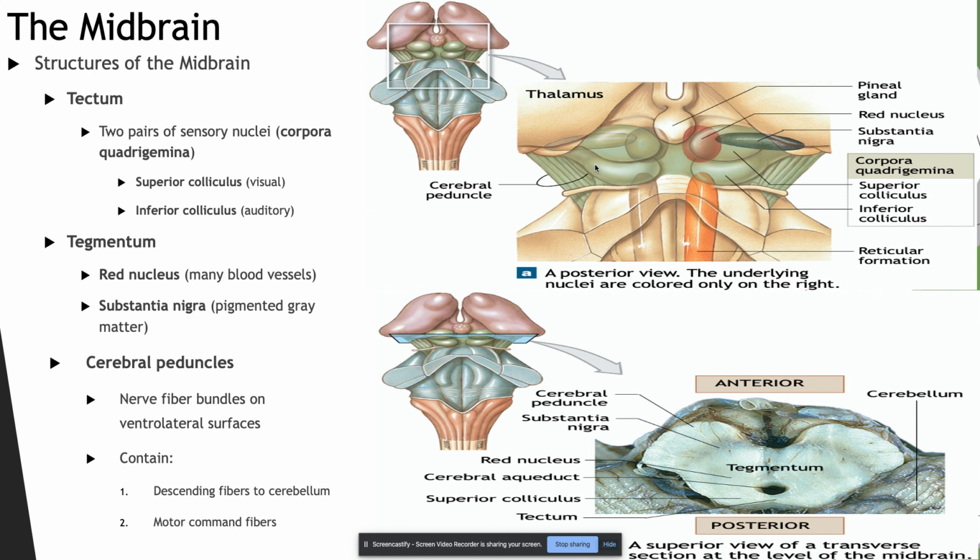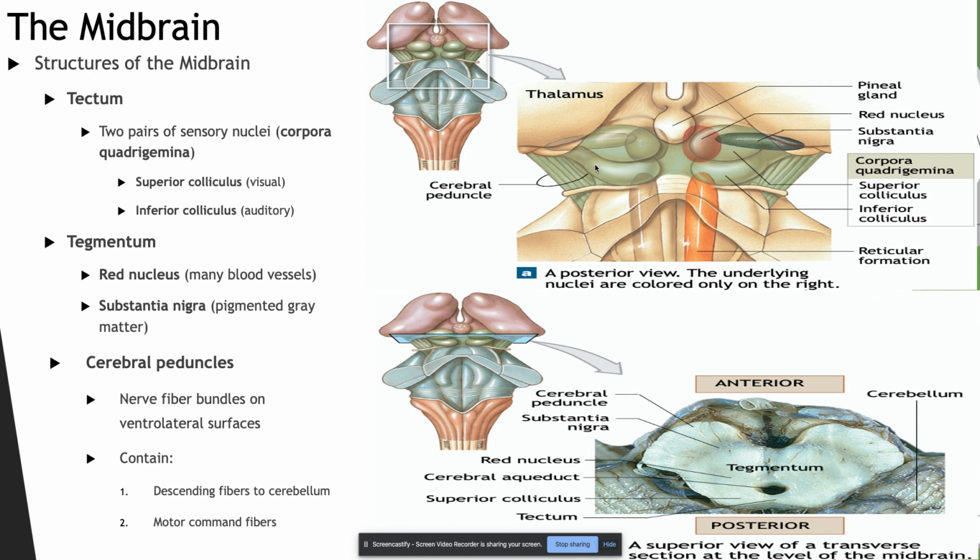Each superior colliculus receives visual inputs from the lateral geniculate nucleus of the thalamus on that side. Each inferior colliculus receives auditory input from nuclei in the medulla oblongata and the pons, and some of this information may be forwarded to the medial geniculate nucleus of the thalamus on that same side.